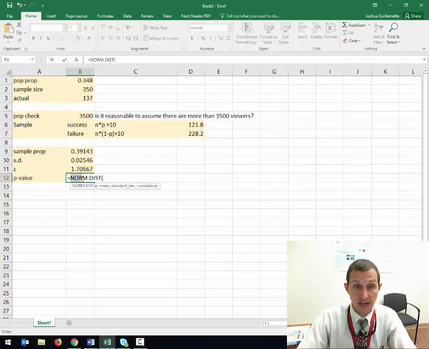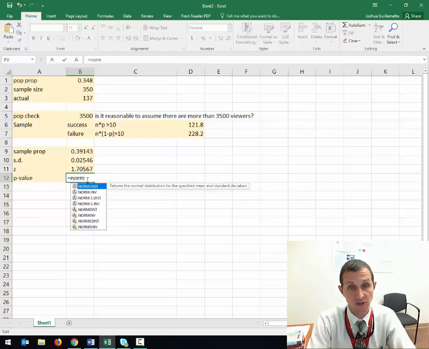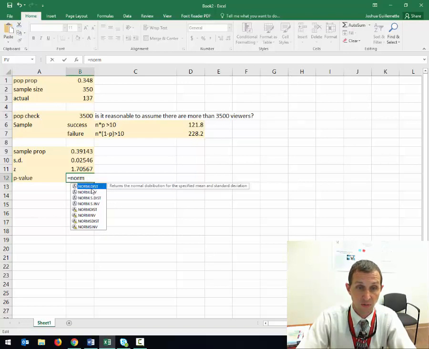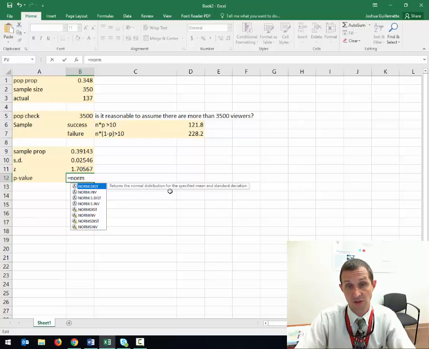You start the equal sign, and as you start to type normal distribution, normal.dist pops up, and it returns the normal distribution for a specified mean and standard deviation. It returns the probability of the area under the normal distribution.